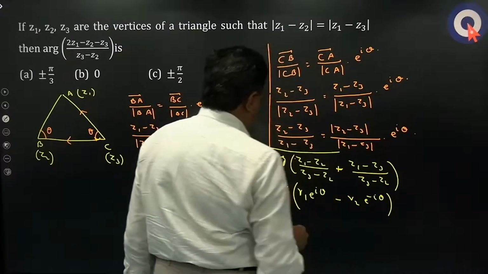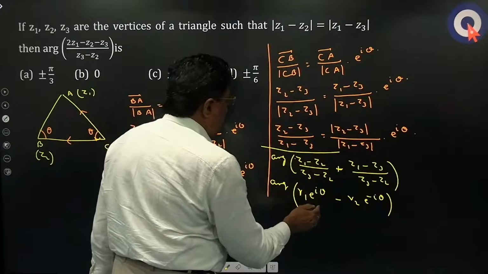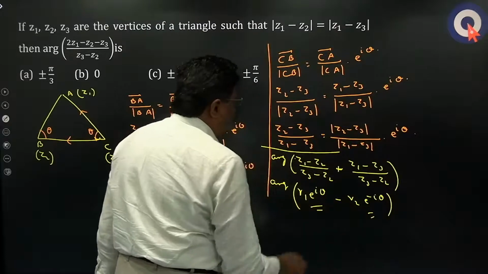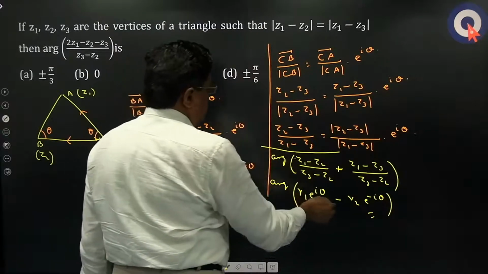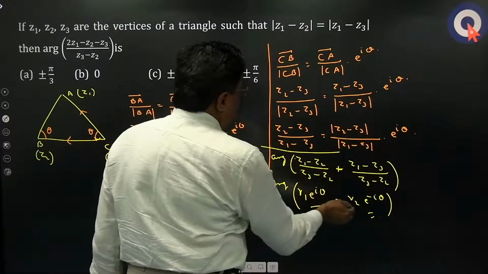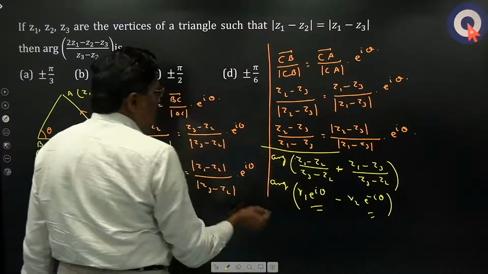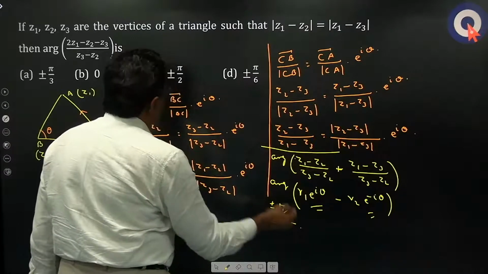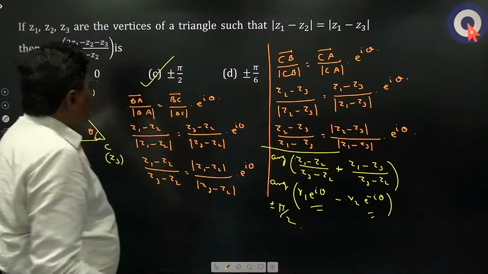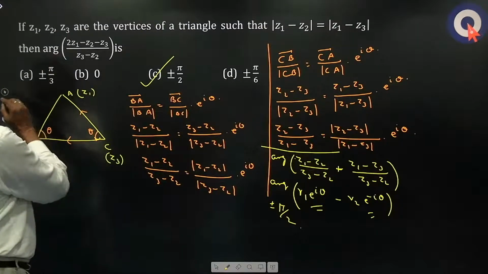All right. So the argument of these two complex numbers, the angle between them is what? So they are conjugate to each other, right? So therefore, plus or minus pi by 2 is the difference, is it not? So C is correct. All right.